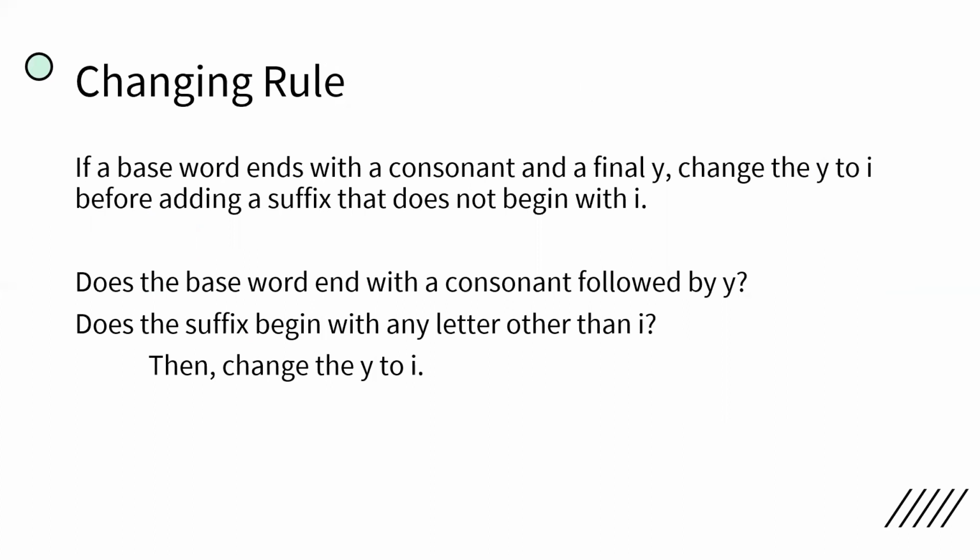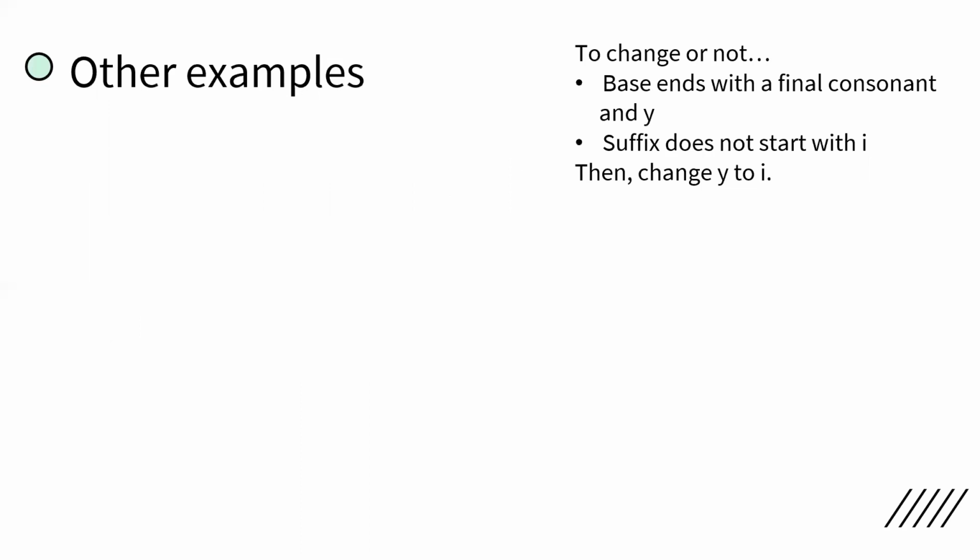Okay, so our questions are, does the base word end with a consonant followed by a Y? And does the suffix begin with any letter other than I? If we can check those 2 boxes, then we would change the Y to an I. So let's look at some other examples to make this make a little bit more sense. Let's say this time we wanted to make frying instead of fried.